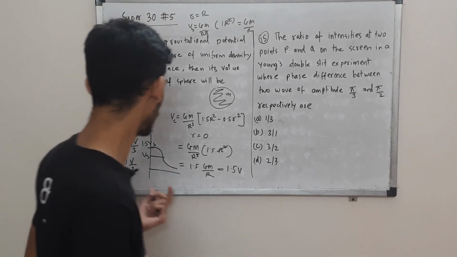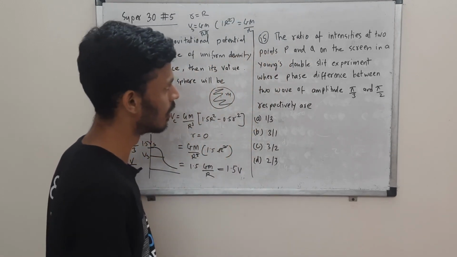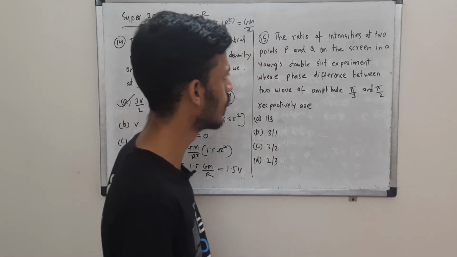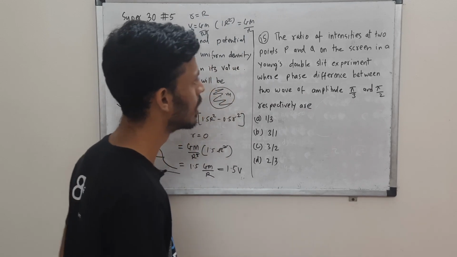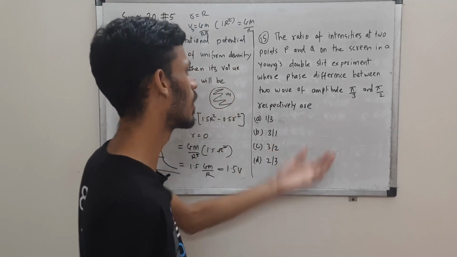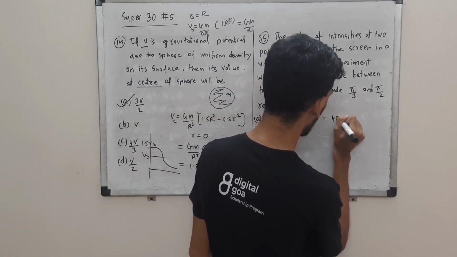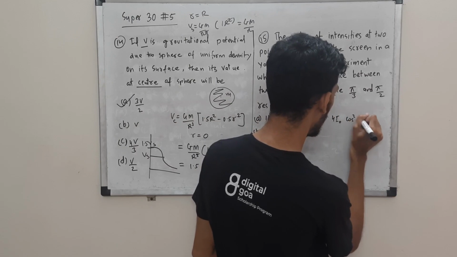The potential. Let's come to this one. Here we are supposed to find the ratio of intensities at two points P and Q on the screen in Young's double slit experiment, where the phase difference is given. The intensity pattern in Young's double slit experiment is like this.